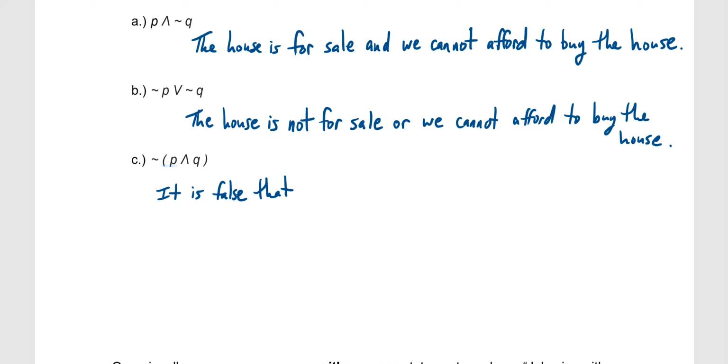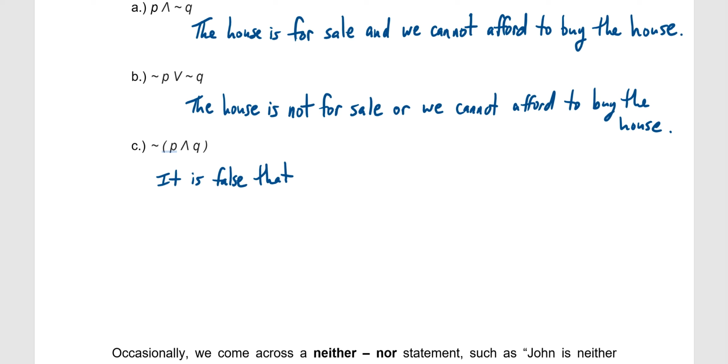It is false that, and now it's just going to be P and Q. P is the house is for sale, so it is false that the house is for sale. And this is a conjunction, so we have and. It is false that the house is for sale, and we can afford to buy the house.